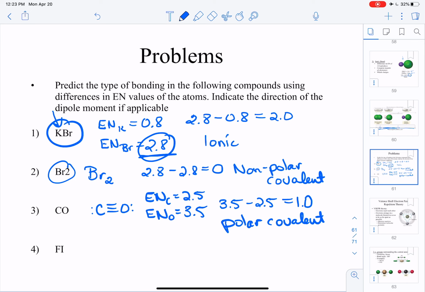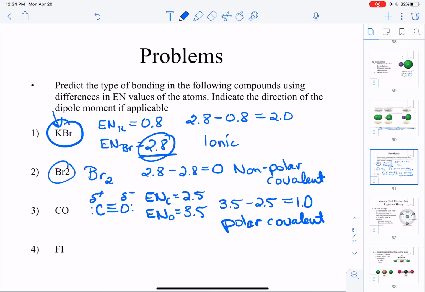Now, how would we symbolize that on our Lewis structure? Well, we could do it one of two ways. You're going to put the delta minus sign on the atom that has the higher electronegativity, because remember, it's attracting electrons towards itself, and electrons are negatively charged. So if you're hogging a lot of the electrons, you're going to make a partial negative. And that means that we create a partial positive on that side of the molecule.